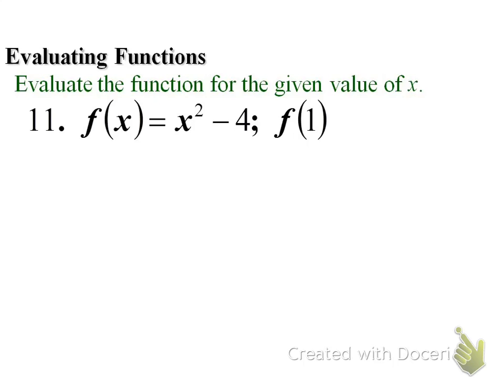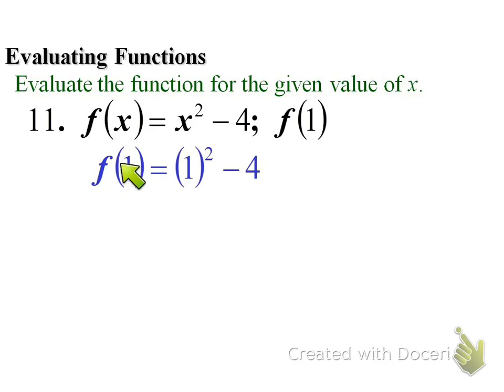Example 11, we want f of x equals x squared minus 4. We want to find f of 1. So what am I going to do? Plug 1 in everywhere you see an x. So my first line would look like this. Now you evaluate it, and again, some people want to do something on the left side here.